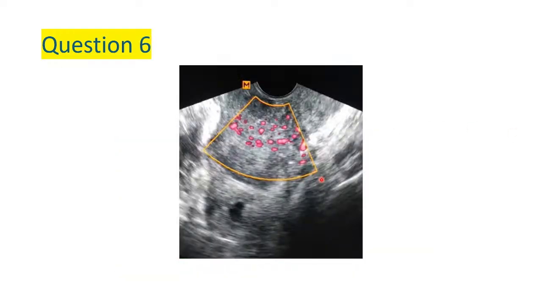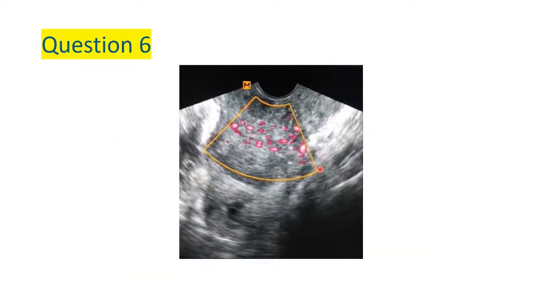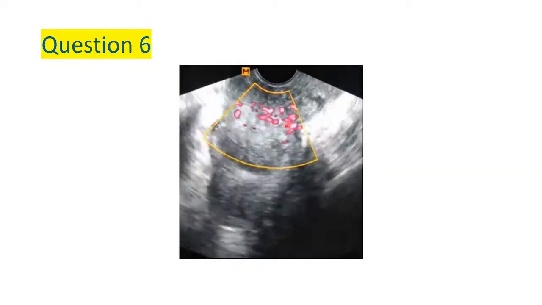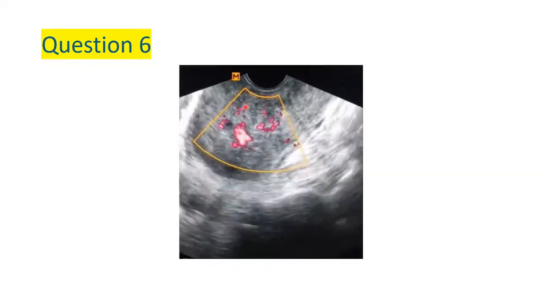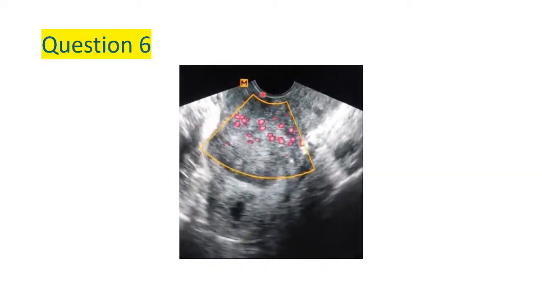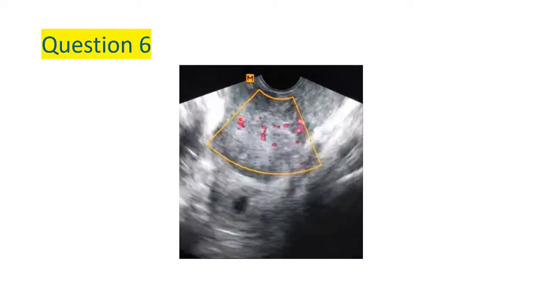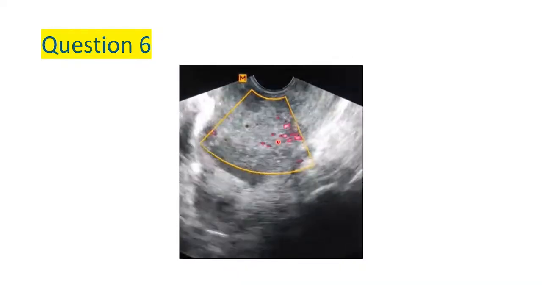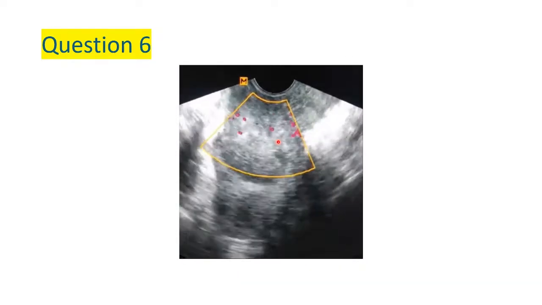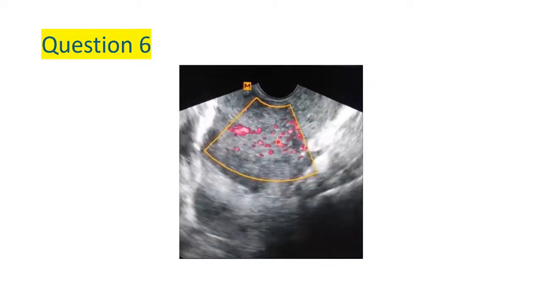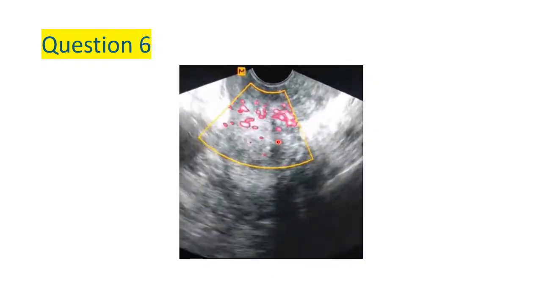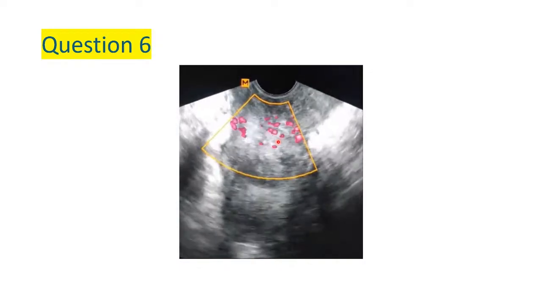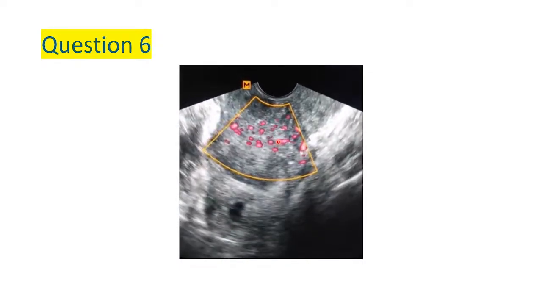So let's now come to question number 6. So you can see here in the cervix is a mass that has got hypervascularity. So a hypervascular mass like this, this is a transformation of neovascularization. So when there's a cancer, the cancerous mass tends to have more blood supplying it, or it needs a lot of blood supply.